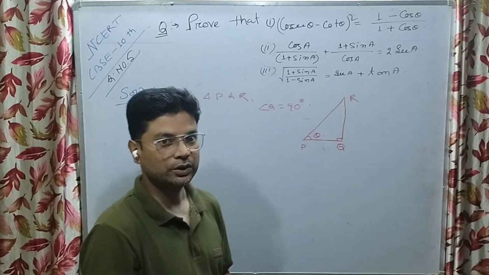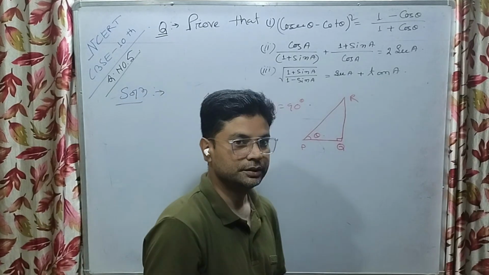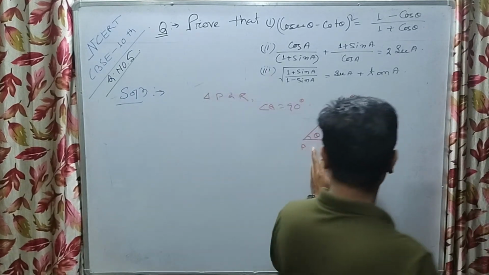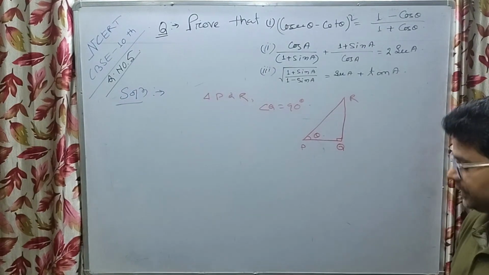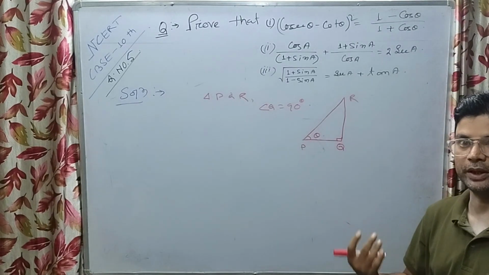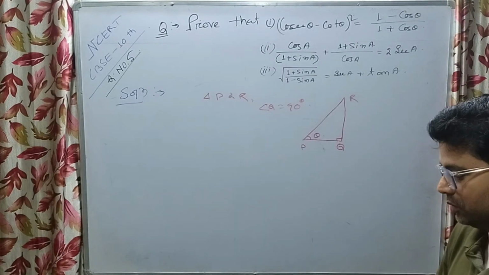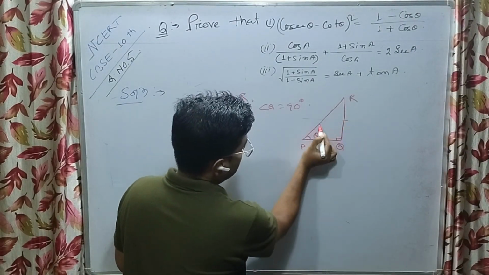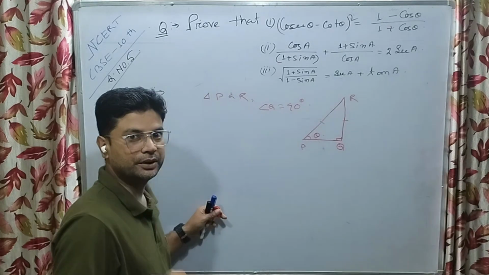Suppose you are to find out sin theta with respect to angle P, right? What will be the sin theta? Sin theta means what? Sin theta is the ratio between perpendicular and hypotenuse.